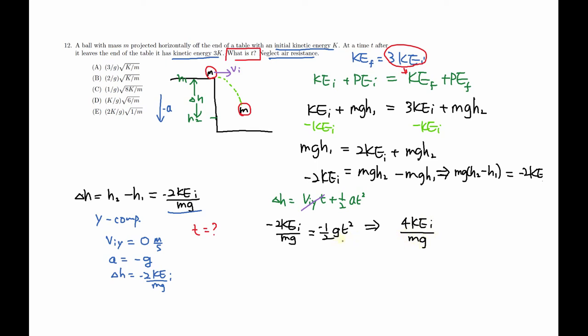Now I divide by g. That way, on the right side, I only have t squared. Let me check that. 4 ke over mg. And to find the time, I just have to take the square root on both sides.